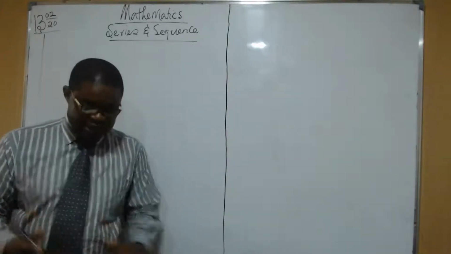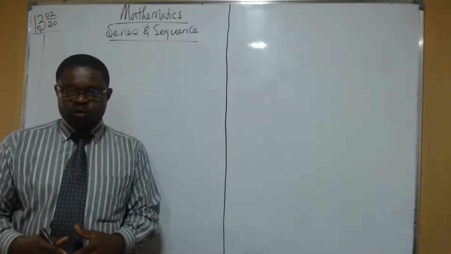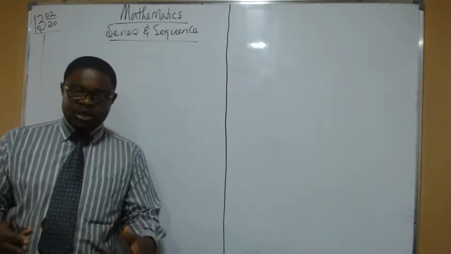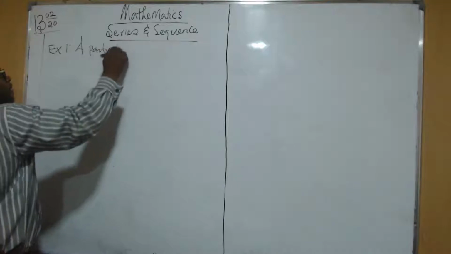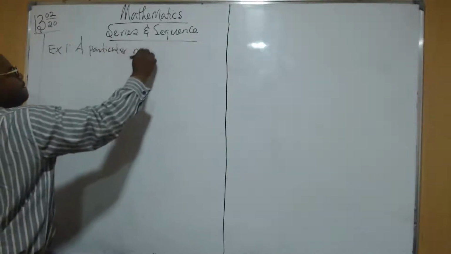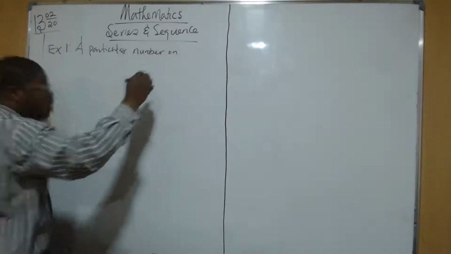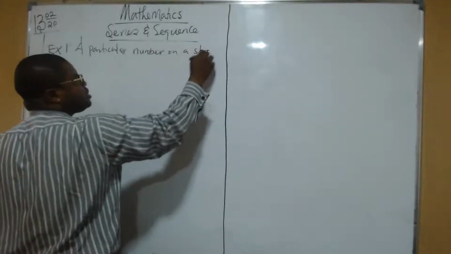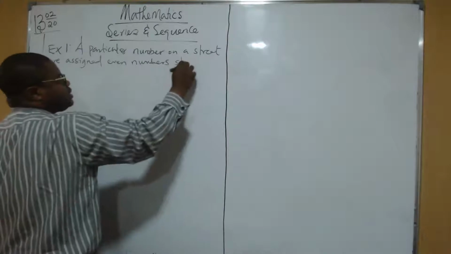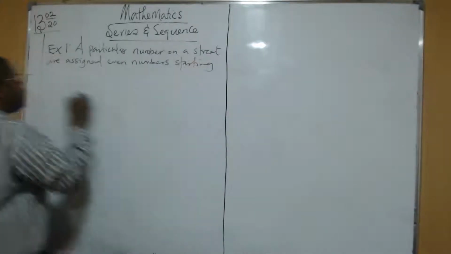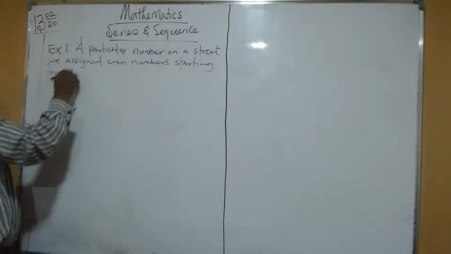But with a better understanding of the topic, we are able to discern which one is AP and which one is GP. Number on a street, starting from 14.